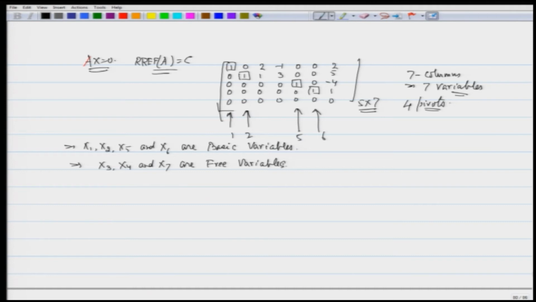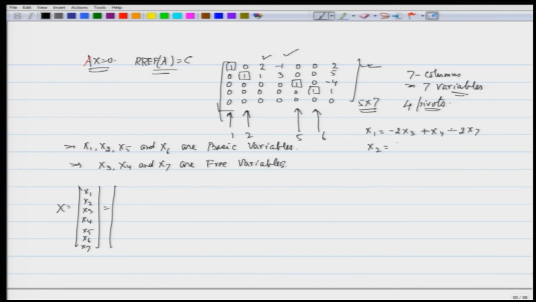Is that okay? So, when I want to write x as x1, x2, x3, x4, x5, x6, x7, look at x1 from here, the first part. So, x1 is coming from here, so minus 2 x3, then plus x4 and minus 2 x7. x2 is another basic variable.